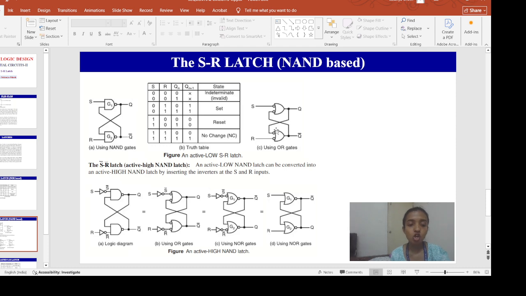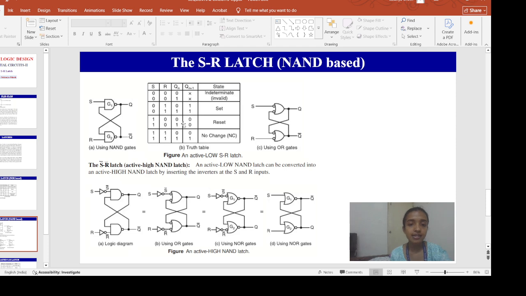That is why it is called the active low SR latch. If the zeros are replaced by ones and the ones are replaced by zeros in the figure, we will get the same truth table as that of the NOR latch that we have just seen.